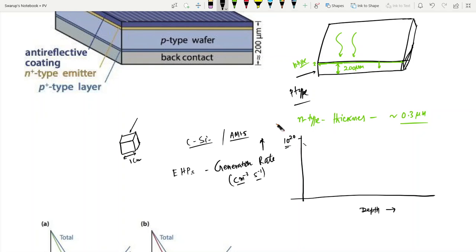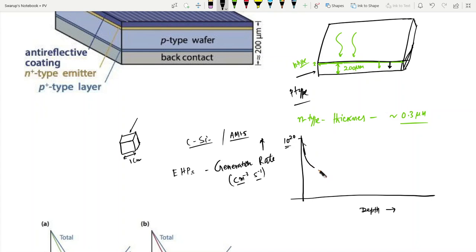It's huge, right? Now this is on the top surface. As the photons enter the surface, they generate EHP, meaning they get absorbed. So the photon flux density will reduce, and the generation rate also will reduce as we go inside the solar cell from the top. The curve looks something like this.